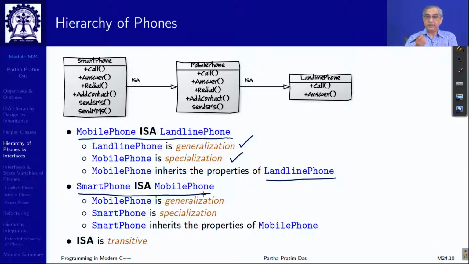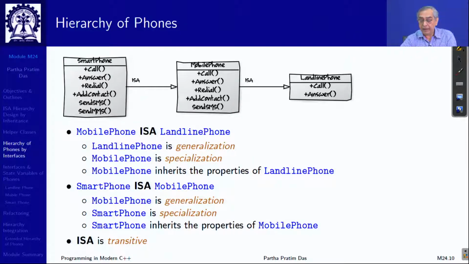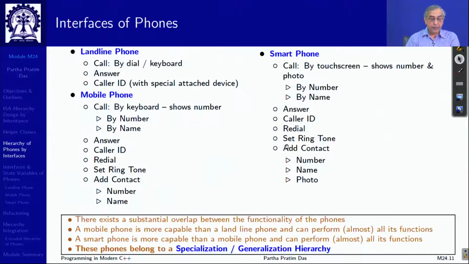So, mobile phone is a generalization of the smartphone and so on. It is a transitive relationship, so we could have more, and this is the basic starting point that I identified: the three concepts landline phone, mobile phone and smartphone, and these are the interrelationships in terms of generalization and specialization. So, our hierarchy is multi-level linear, and we will start building up on that.